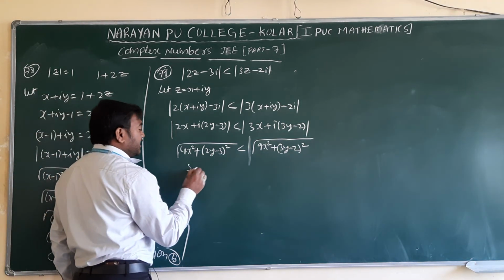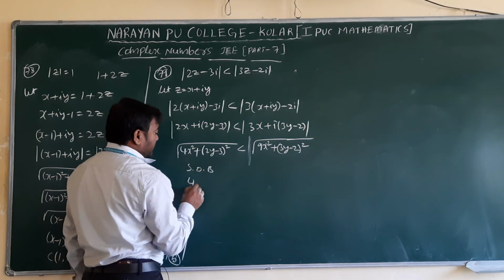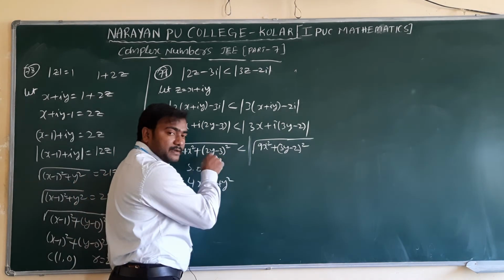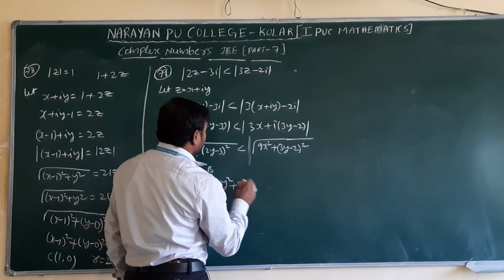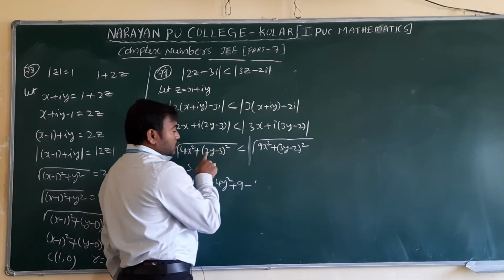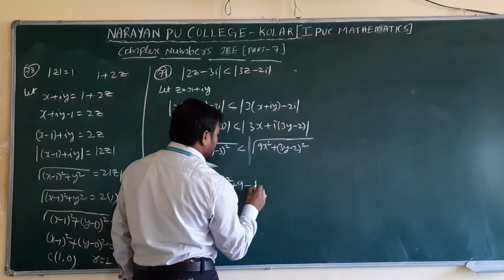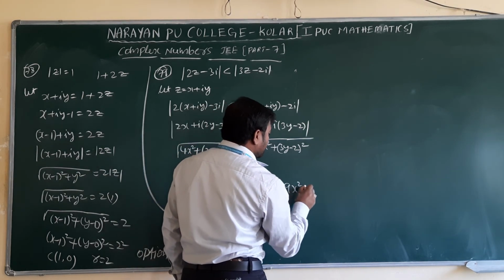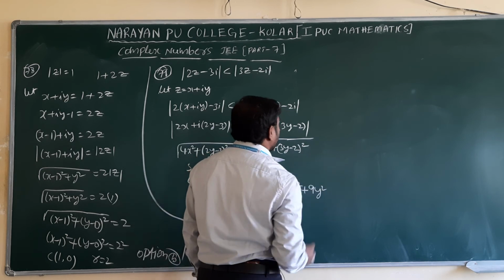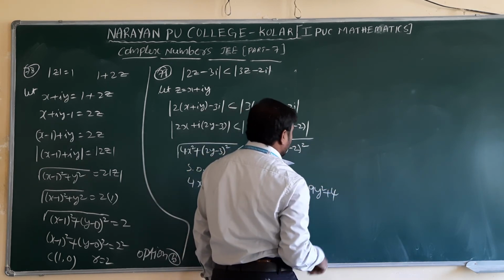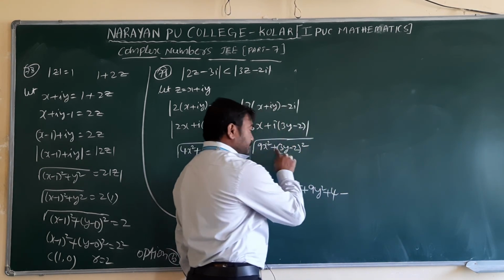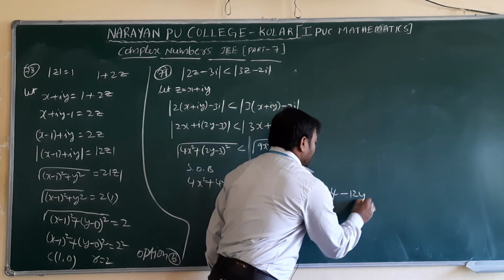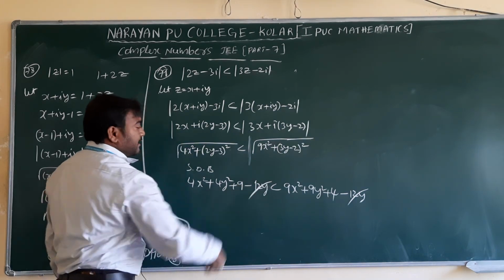What do we get? Squaring on both sides, 4x square plus 4y square, now applying the formula, plus 9 minus 12y, less than 9x square plus 9y square plus 4 minus 12y. The 12y and minus 12y get cancelled.